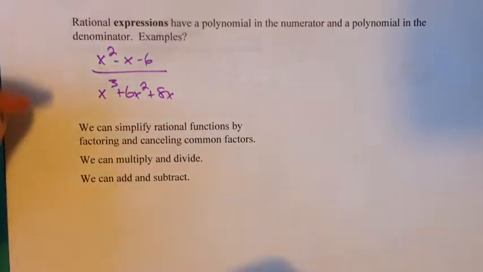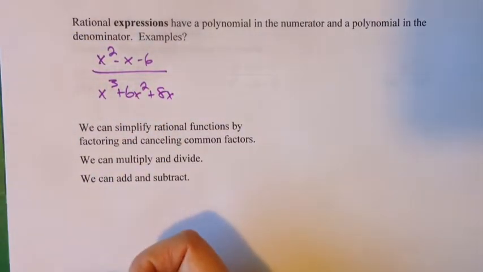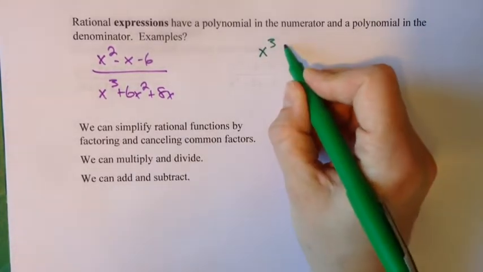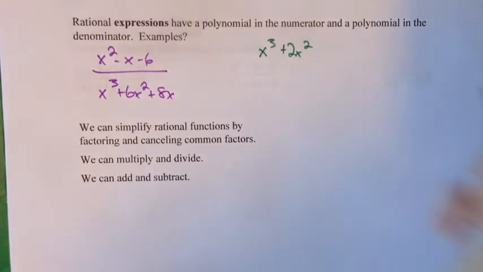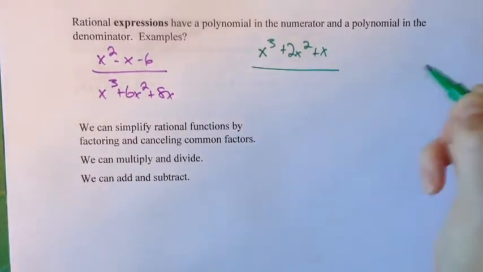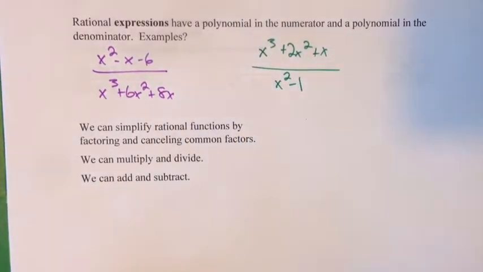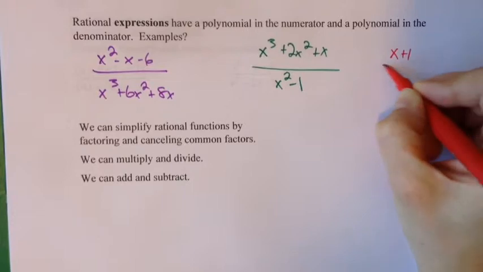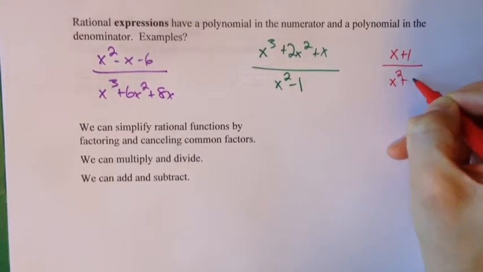It's something with a polynomial at the top and a polynomial in the bottom. Similarly, I could have something like x cubed plus 2x squared plus x over x squared minus 1. That would be another example of a rational expression. You can even have something really simple, something like x plus 1 over x squared plus 2.